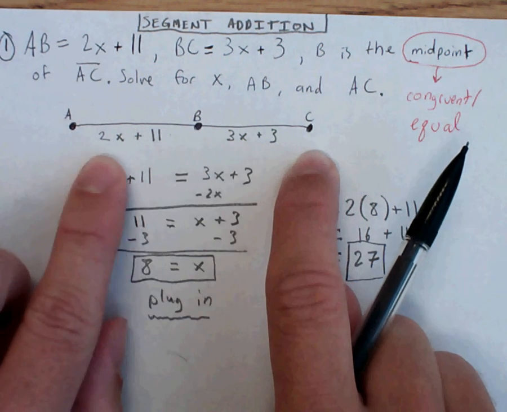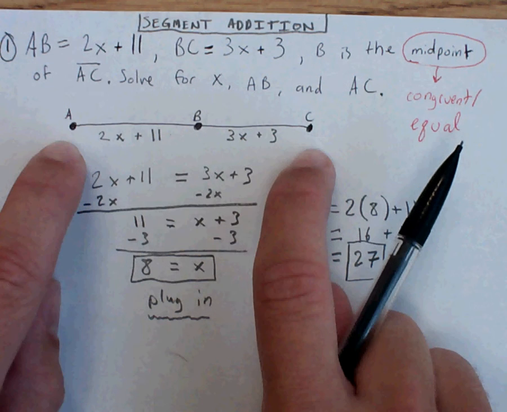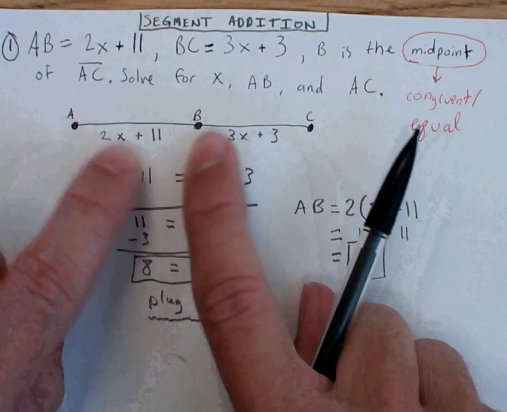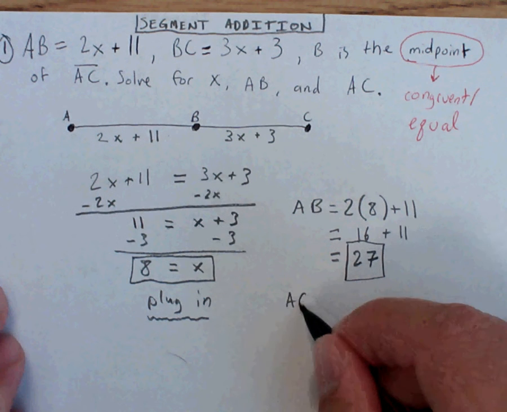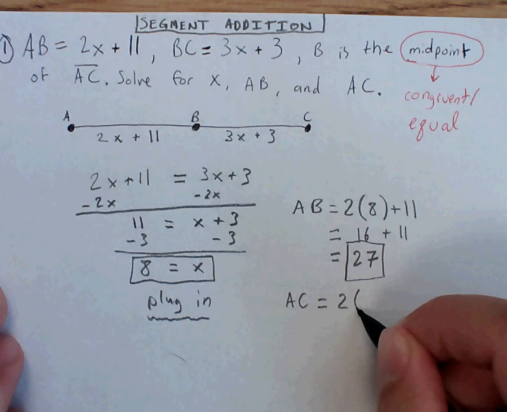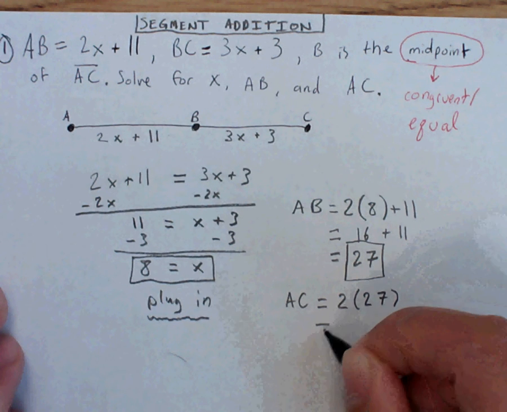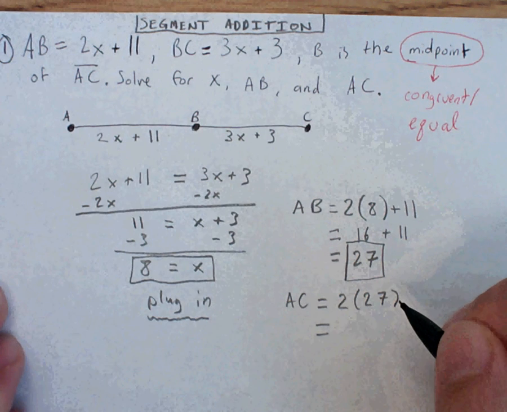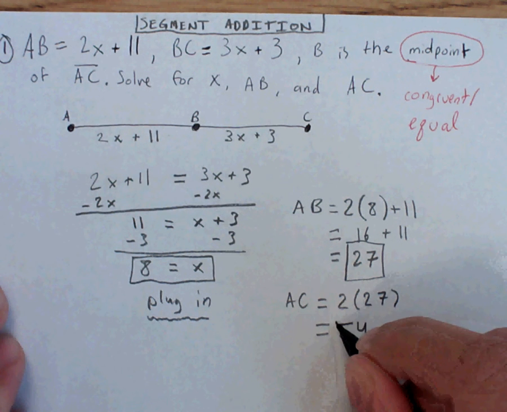But AC is the entire segment, or in other words, two halves put together. AC is actually just twice AB, which we just said is 27. Well, 2 times 27 is 54.